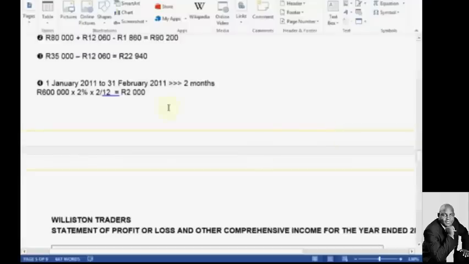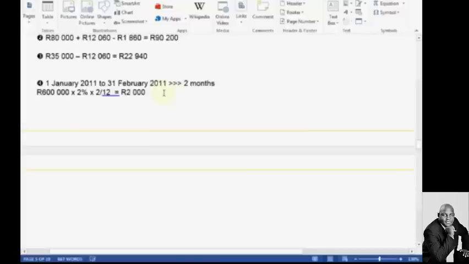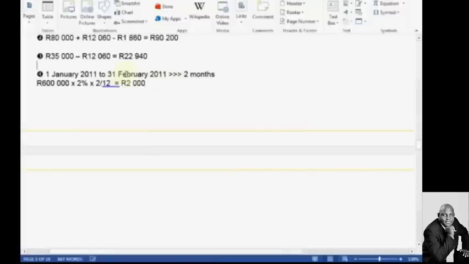So it's going to be workings number 5. 280,000 minus the depreciation for the year, then you times that by 10%.